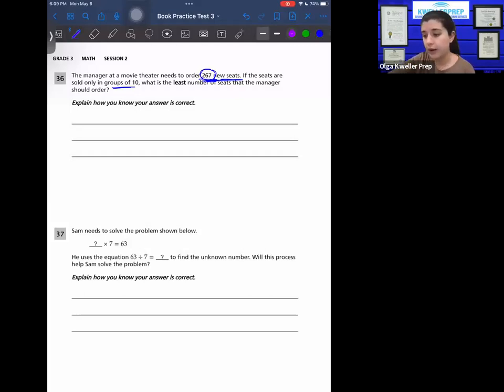So again, the way that I would think about this, I would say seats need to be purchased in groups of 10.